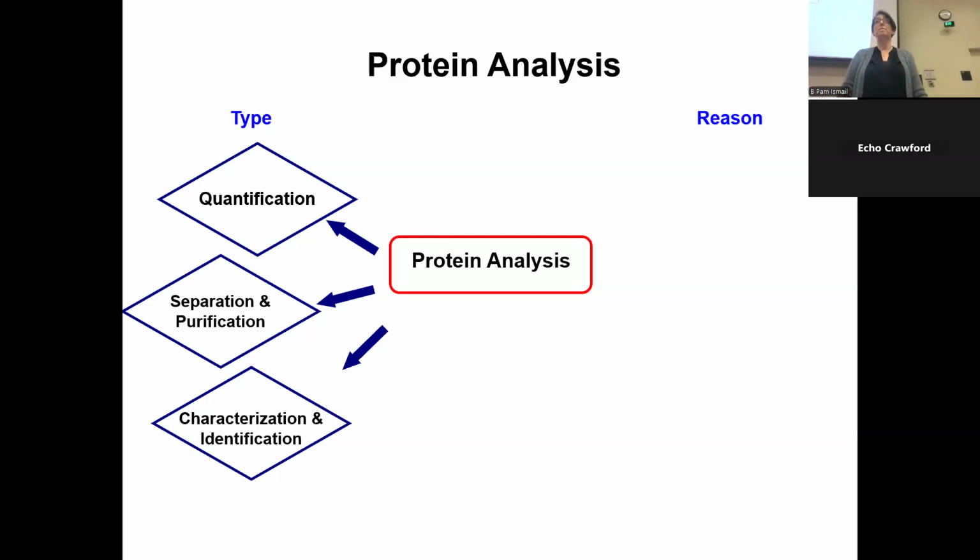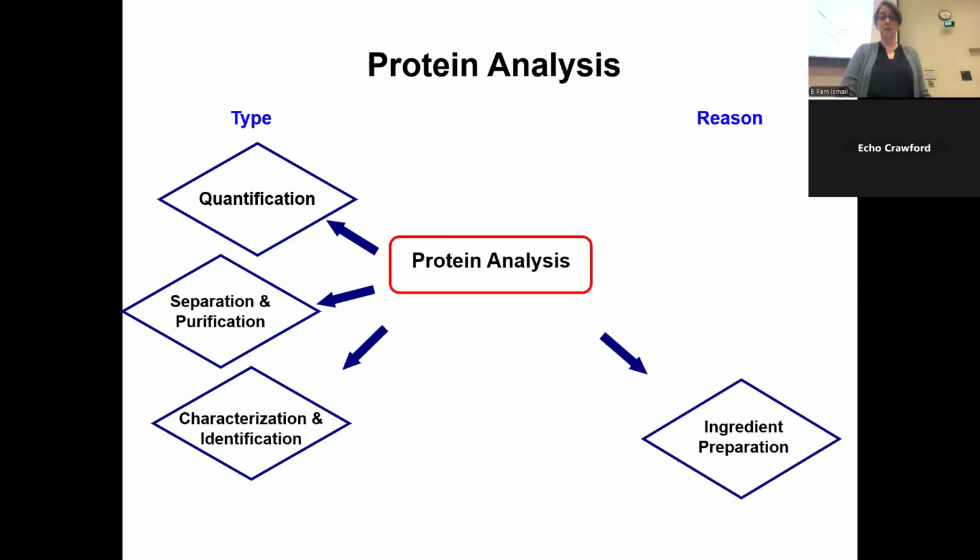Now, why do we care? Why do I do any of those? Why would I care about separation and purification? Or what's the ultimate outcome? Applicability. Where do we care about separation of protein? To produce protein ingredients.